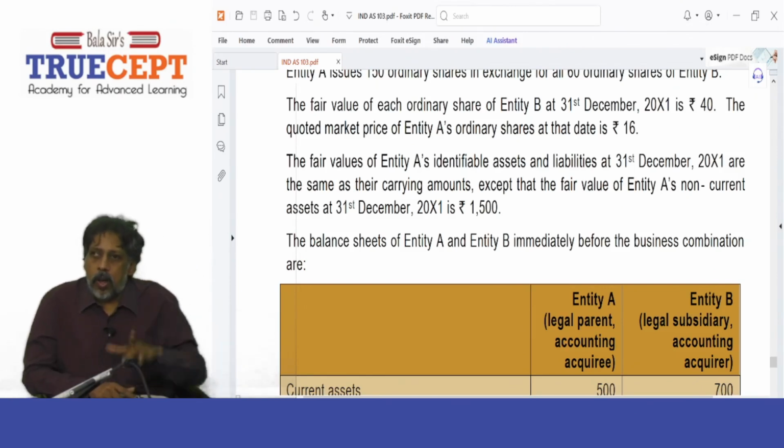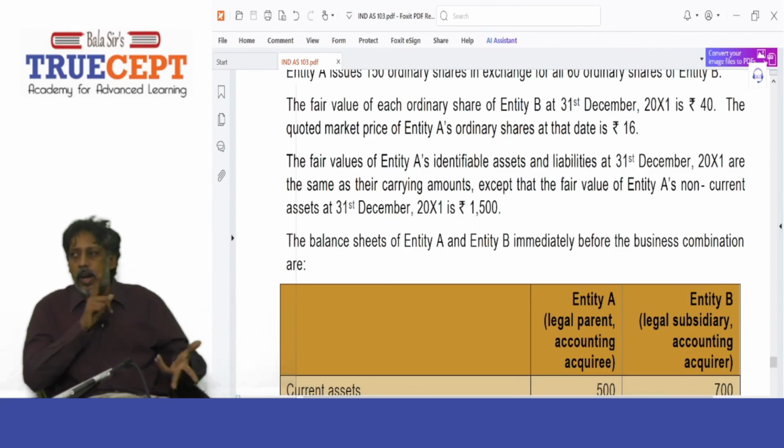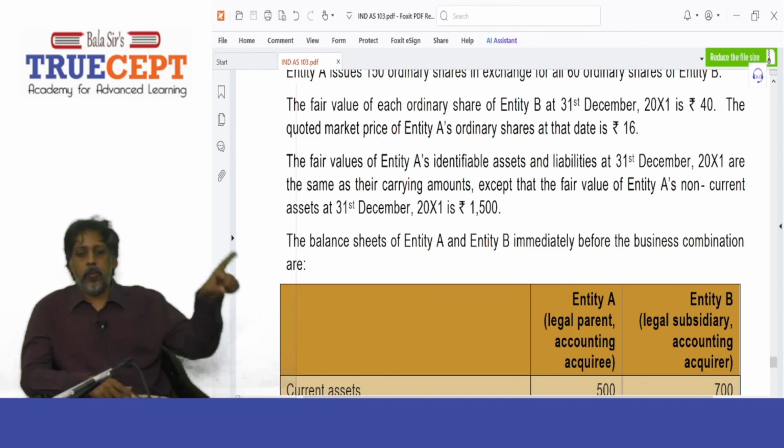Now, what is 2,400 rupees divided by 16 rupees per share? I have to issue 150 shares to you. Now, what is 150 by 60? 2.5 to 1, right? Understood? But don't try this in all the sums. That is the reason you must have got this 2.5 to 1.